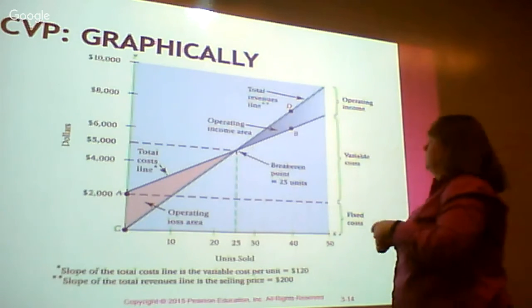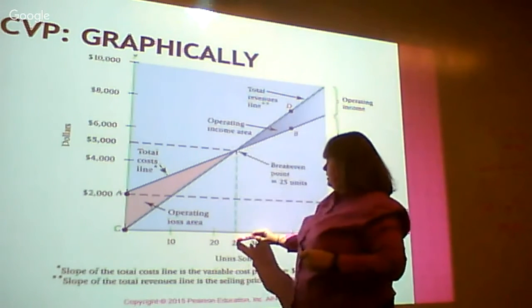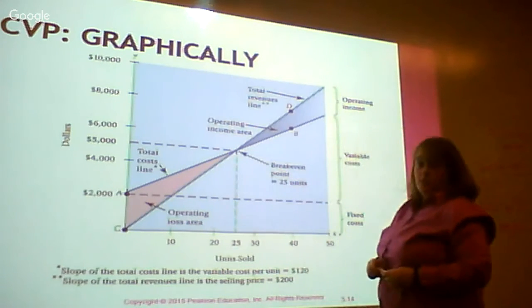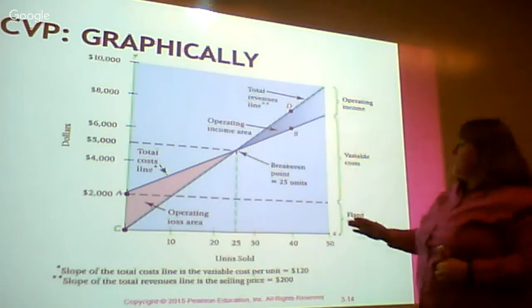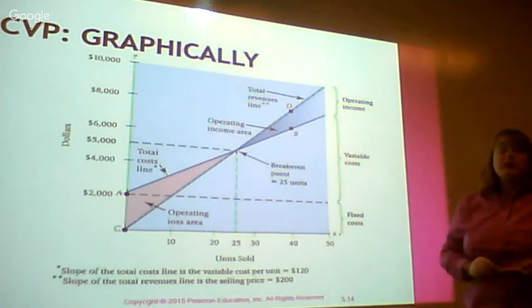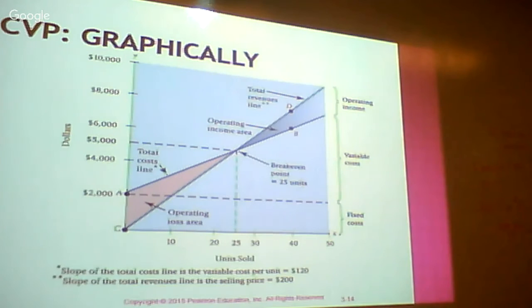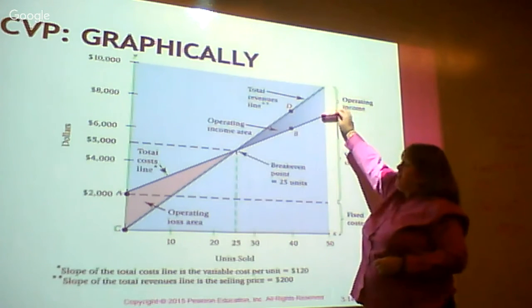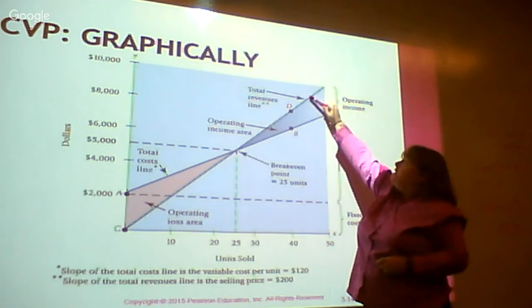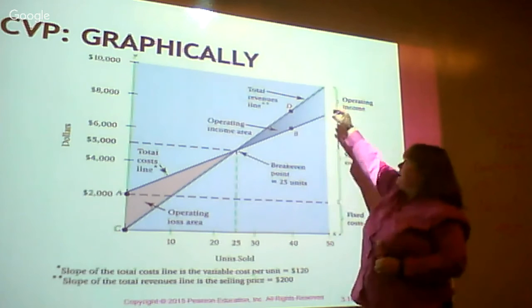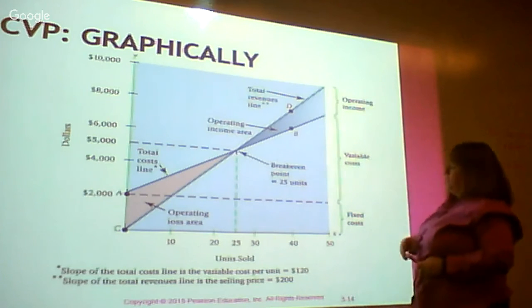The point where they intersect, which is 25 units, is what we call our break-even point. So anything to the left of the break-even point, that means I'm going to have a loss. Anything to the right, so our goal is to make this cost line lower than the revenue line. And as they get further apart, the bigger the profit.